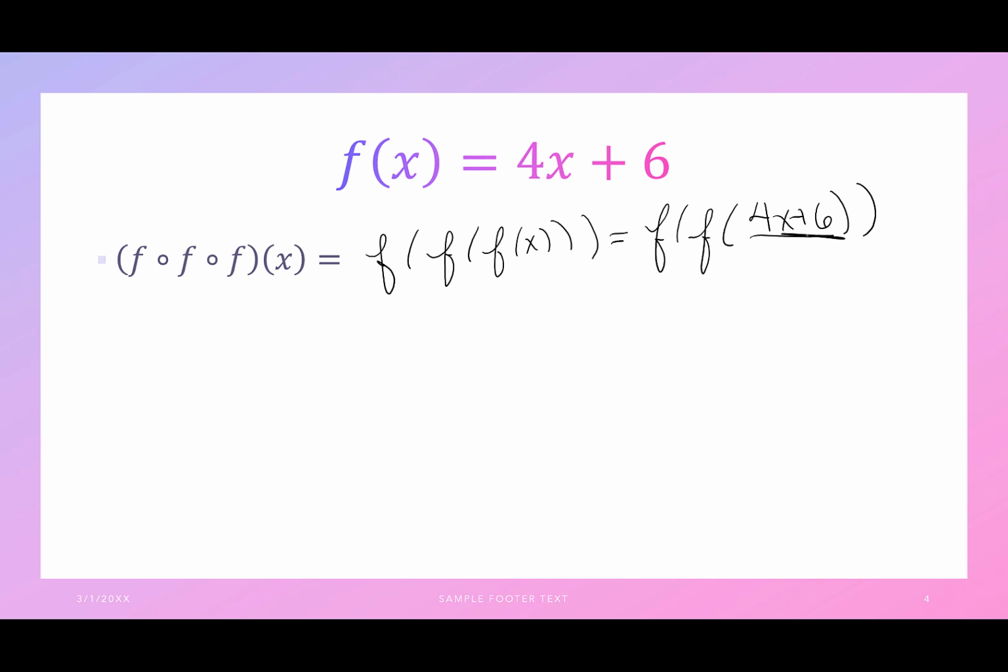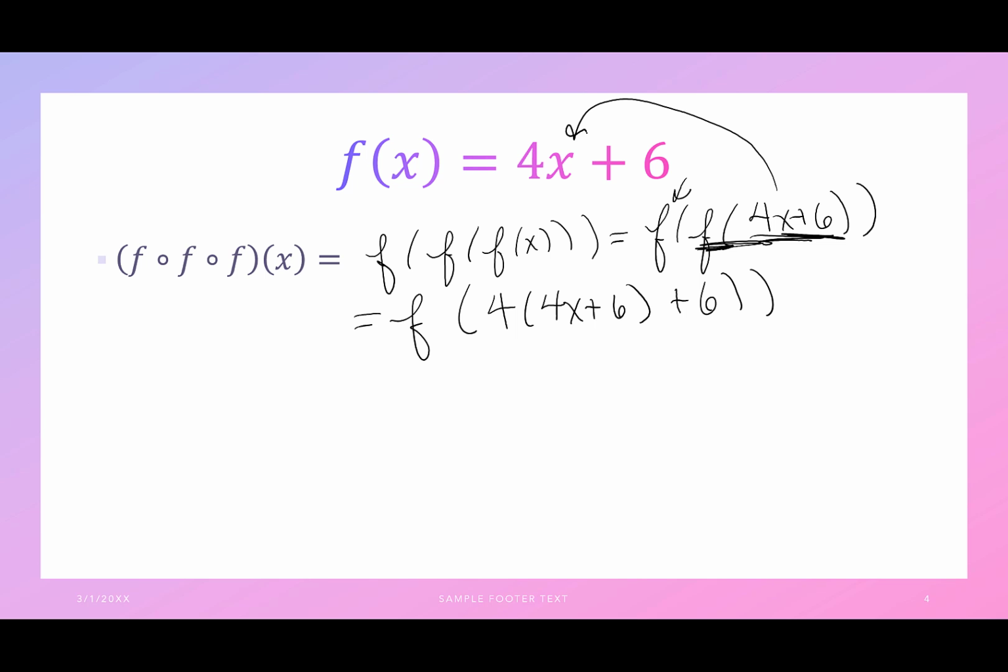So I'm putting 4x plus 6 into the function. So leave this first f alone. We're not touching this one yet. But this second one, it says plug that into 4x plus 6. So I have 4 times 4x plus 6 plus 6. So I took my function and I just kind of plugged it back in. I put the 4x plus 6 where the x was.